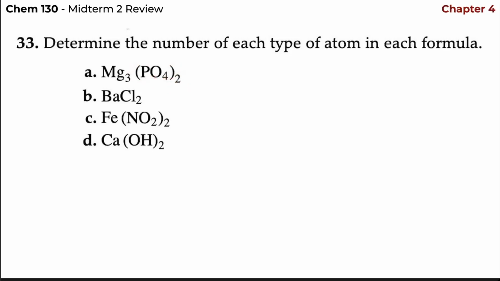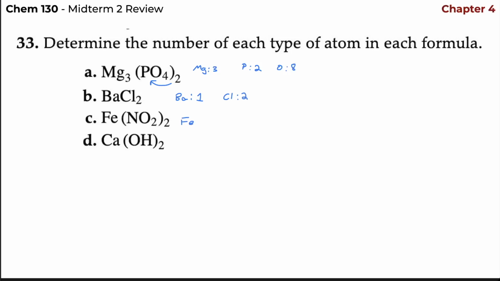So let's look at this. Magnesium, there's going to be 3. For this one, you multiply this into this, so this is going to be 2. Oxygen is going to be 8. For this one, just 1 barium and 2 of that.